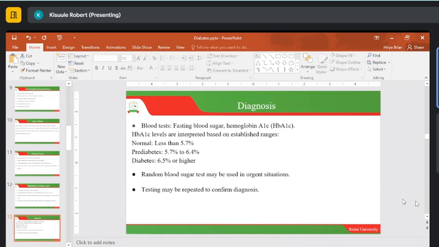Then random sugar tests may also be urgent in these situations, and testing may be repeated to confirm the diagnosis, because in most cases we might take wrong readings. So we need to come up with these averages to be able to say that this person is diabetic or not.